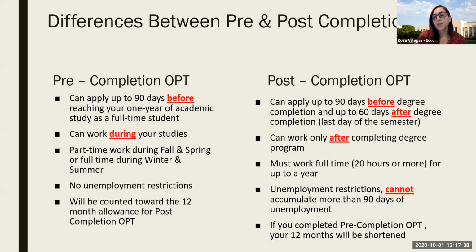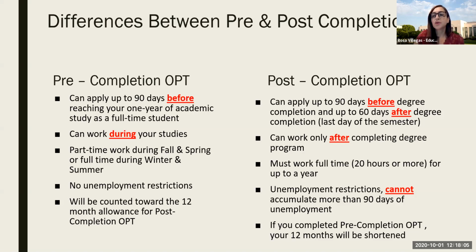During your time approved for post-completion OPT, you cannot accumulate more than 90 days of unemployment. So you have about 3 months from the day that you are approved to find employment and still maintain your status. Again, as I mentioned earlier, if you did pre-completion OPT, it's going to take away from the time of post-completion OPT.